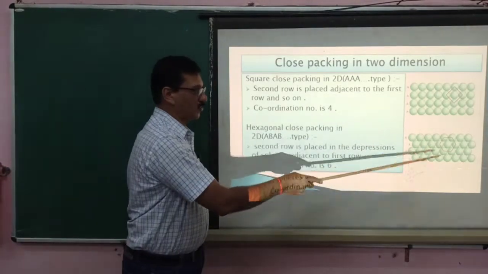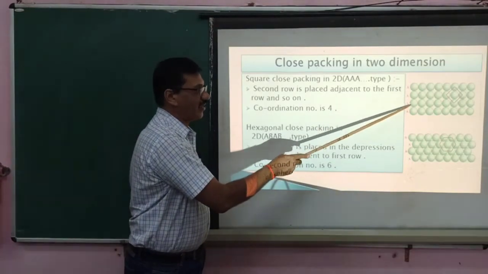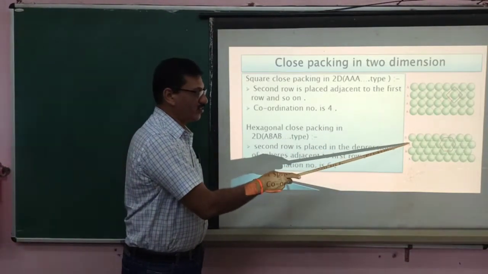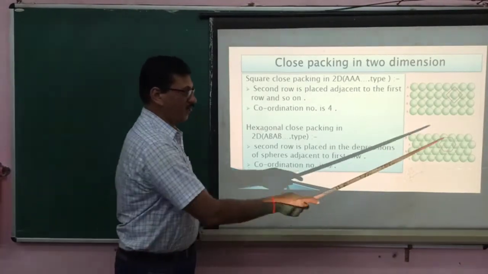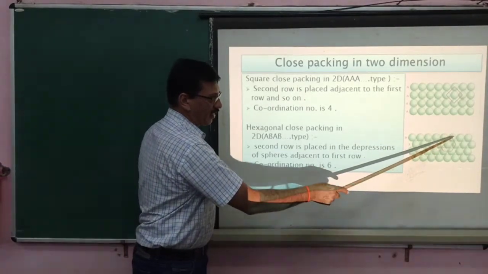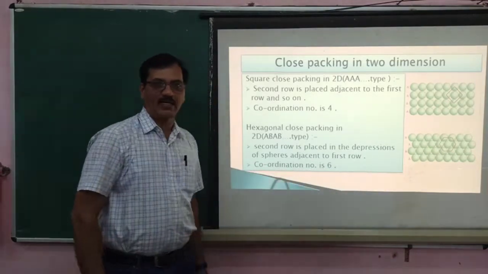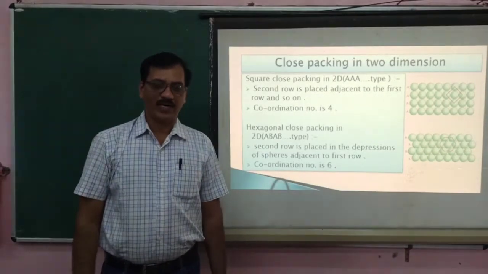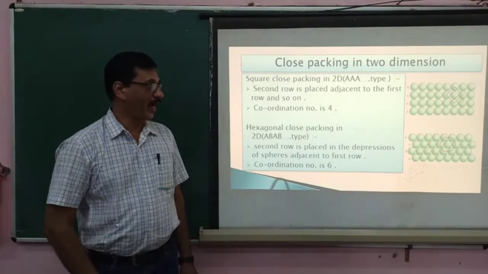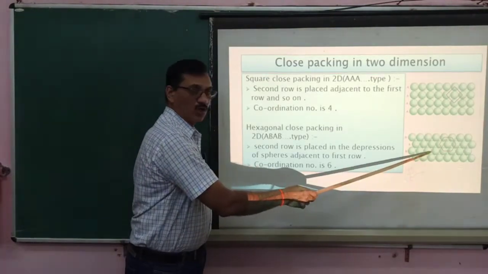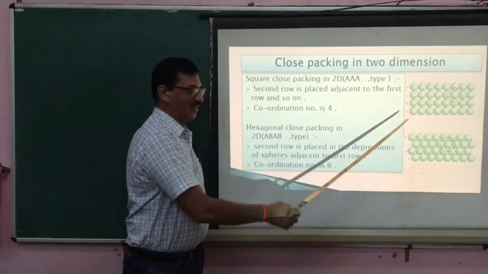So there are two possibilities. One is AA kind of arrangement, another is AB kind of arrangement. Now here if you see, each atom is in touch with 6 other atoms in the arrangement. Therefore coordination number is 6. And this is considered to be more closely packed than this.